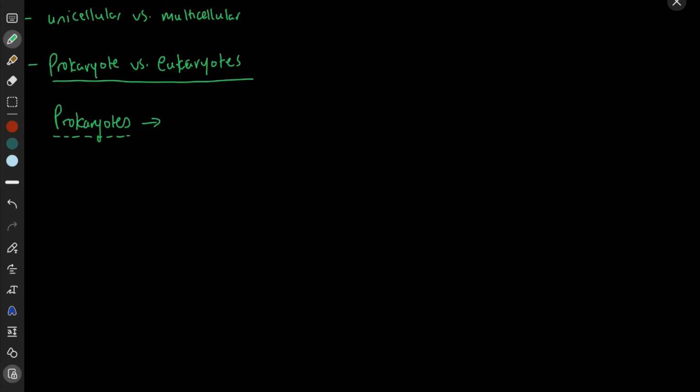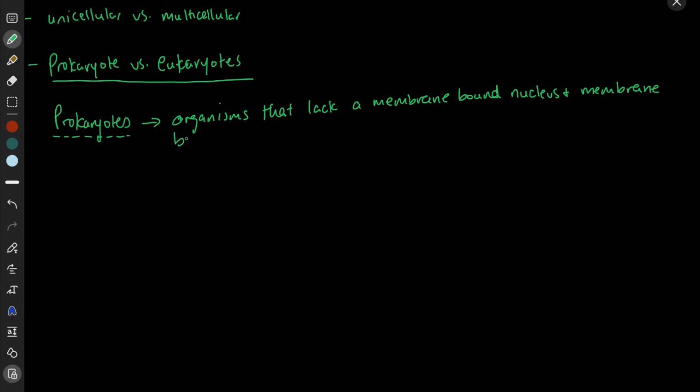So what are prokaryotes? Well, prokaryotes are organisms that lack a membrane-bound nucleus and membrane-bound organelles. So prokaryotes don't have a membrane-bound nucleus and they don't have any membrane-bound organelles.